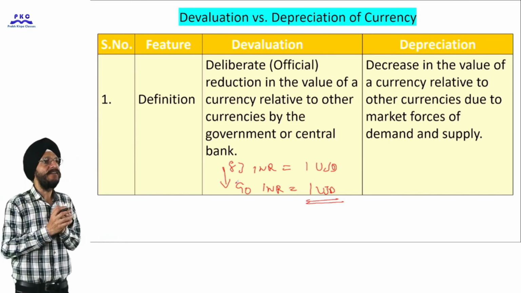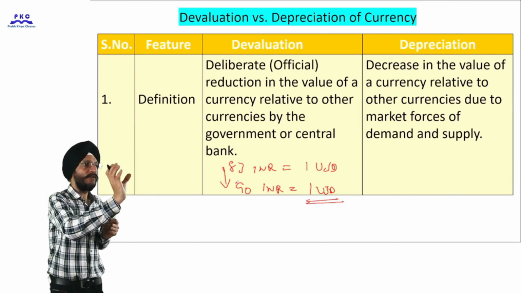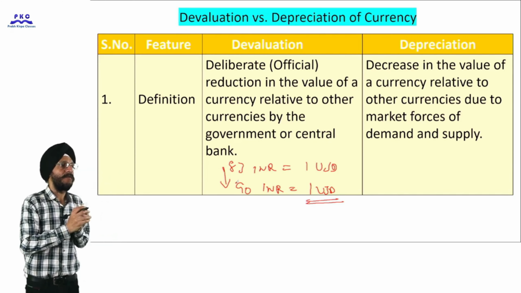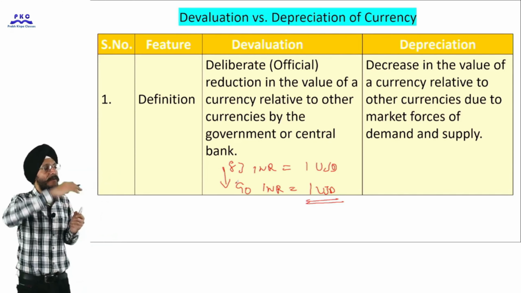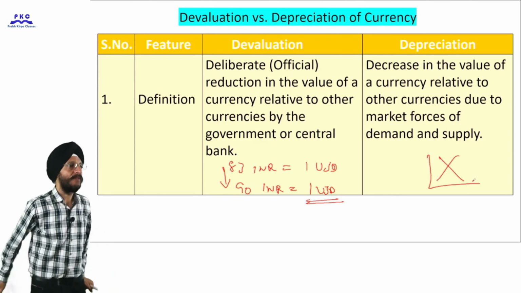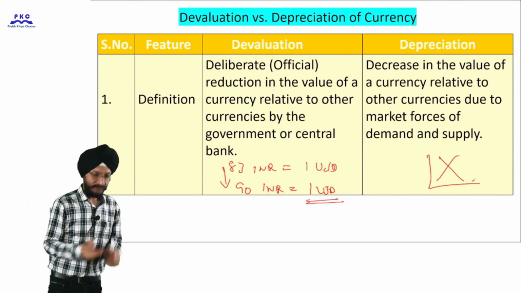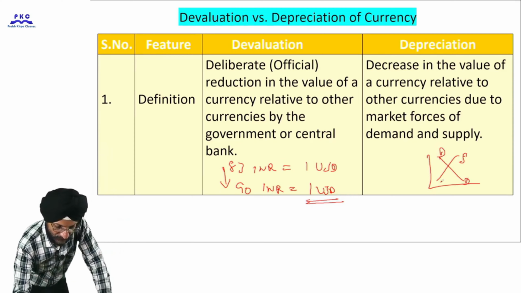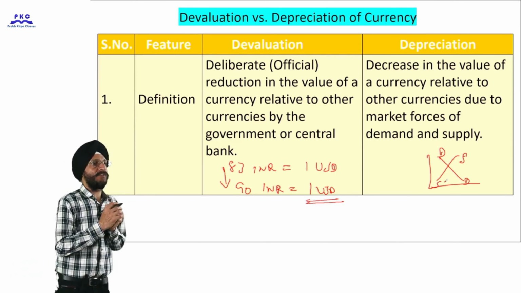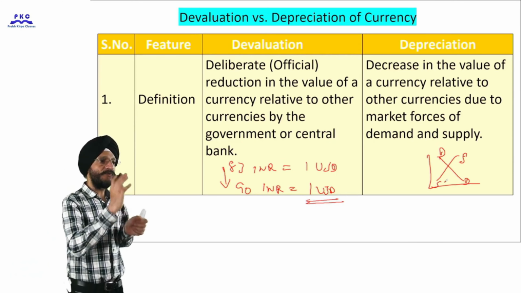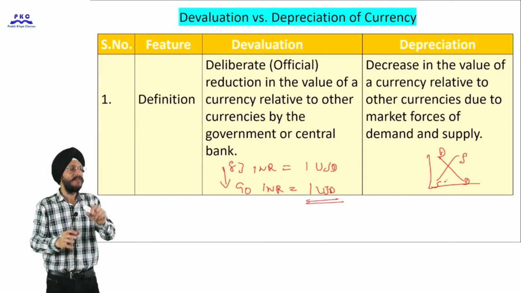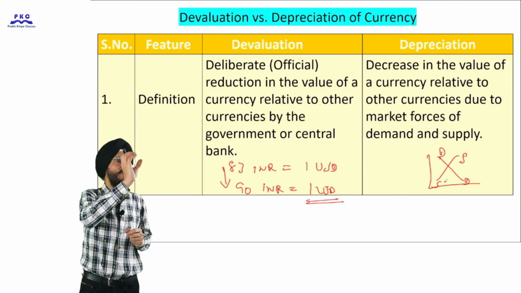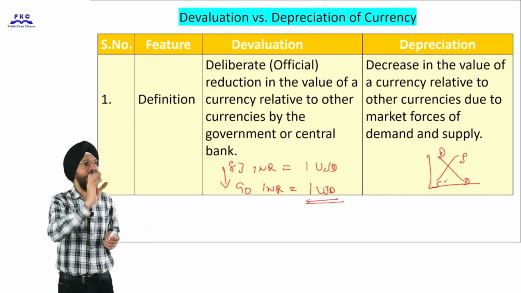On the other hand, if the value of a currency depreciates in comparison to other currencies by the forces of demand and supply, then it is depreciation of the currency. Where the market forces of demand and supply come into picture and the value of a currency decreases, it is depreciation.